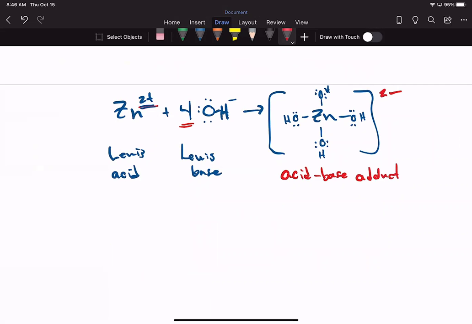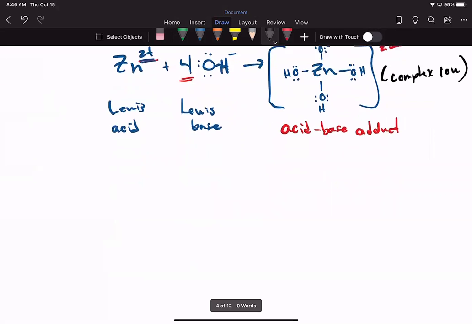And there's another term for it as well: we're also going to consider this to be what we call a complex ion. It's not like phosphate or sulfate. This is a transition metal surrounded by 4 hydroxides, making this with a charge. So this is considered a complex ion as well, other than just an acid-base adduct.